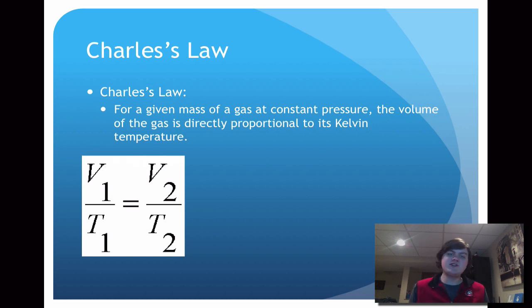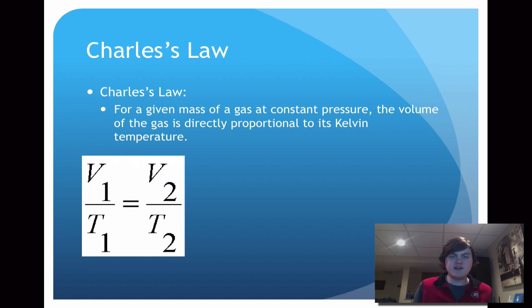So, if you run into a situation where you are given information in degrees Celsius, you need to convert that to a value for Kelvin. The formula for Charles's law, which you'll be applying to different word problems, is V1 over T1 equals V2 over T2.